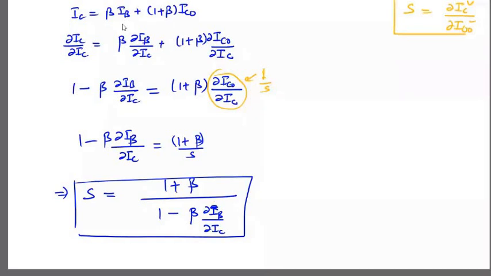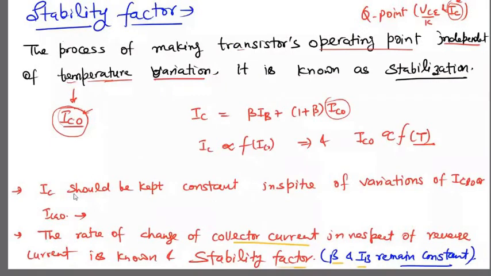And why are we discussing the stability factor here? We have already decoded that it is the process of making the transistor's operating point independent of temperature variations, independent of ICO. If we are talking about stability factor, we are talking about operating points; if we are talking about operating point, then definitely we are talking about IC, and in short, we are talking about biasing.